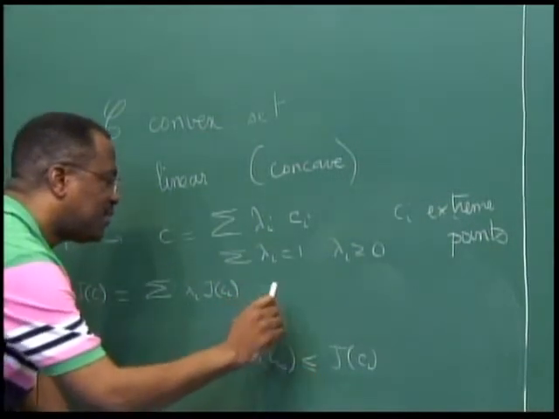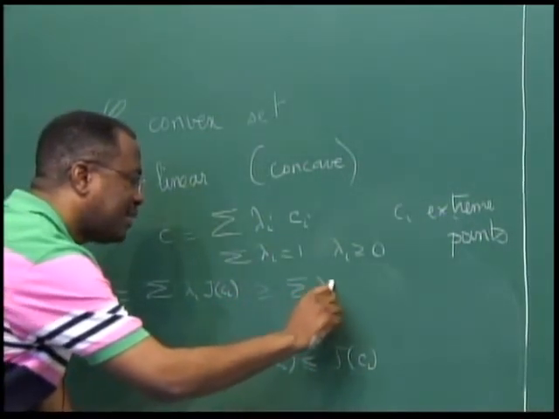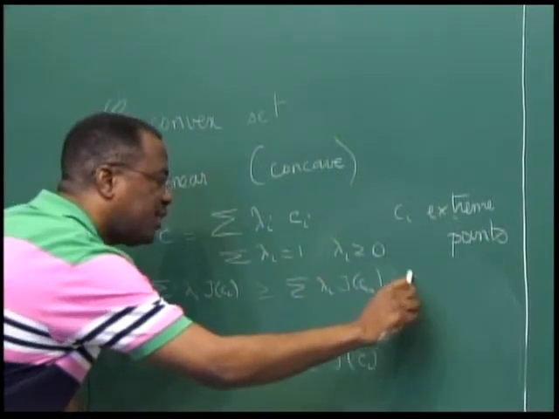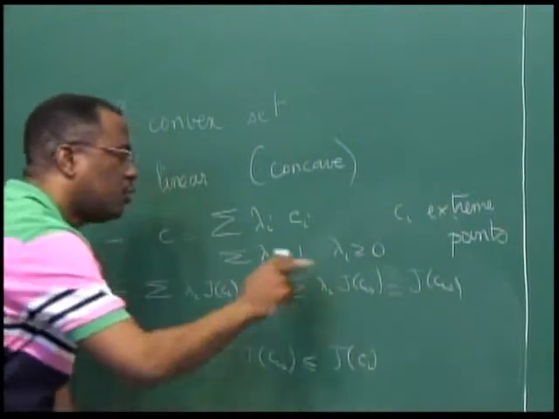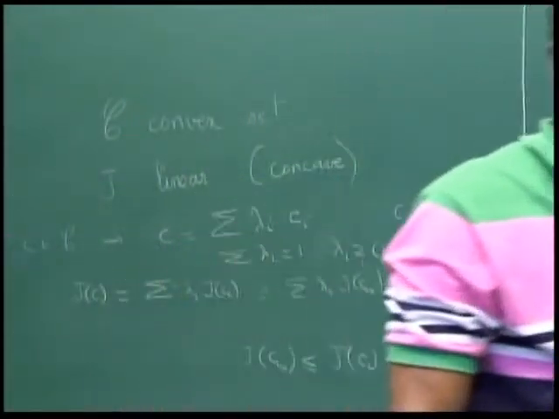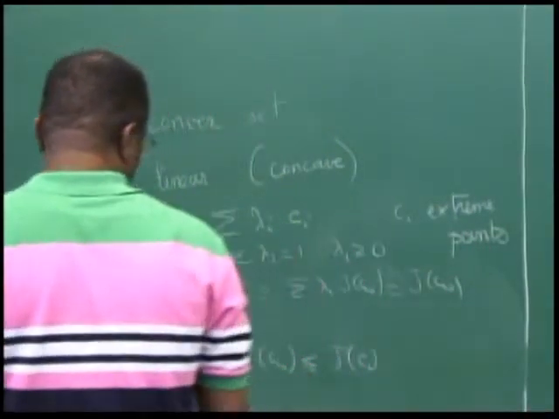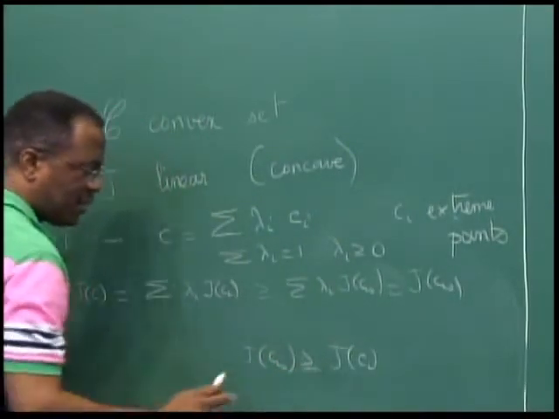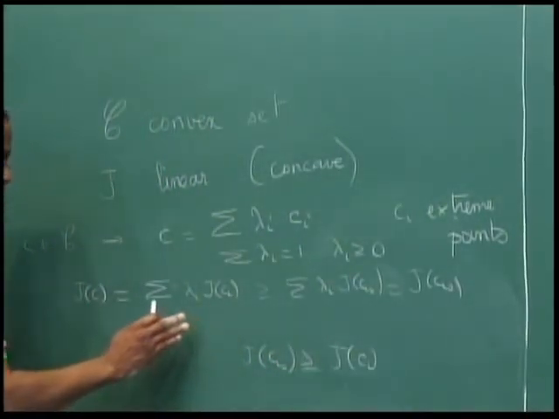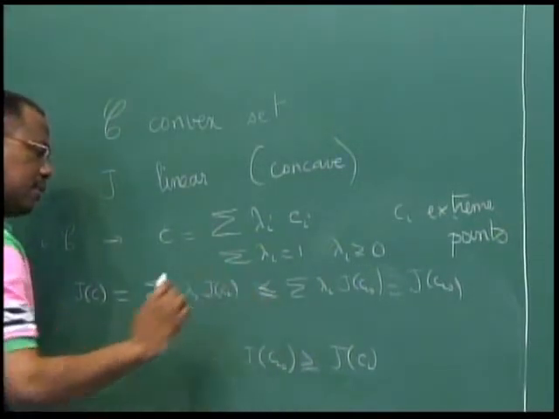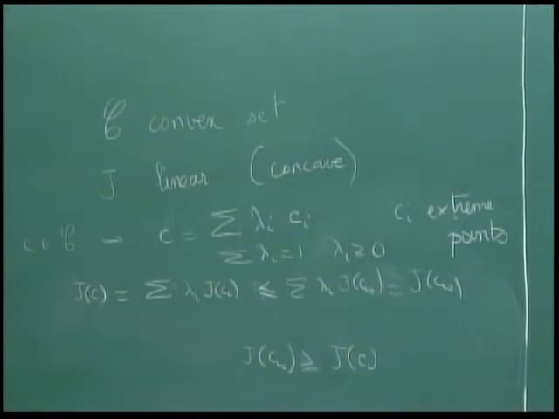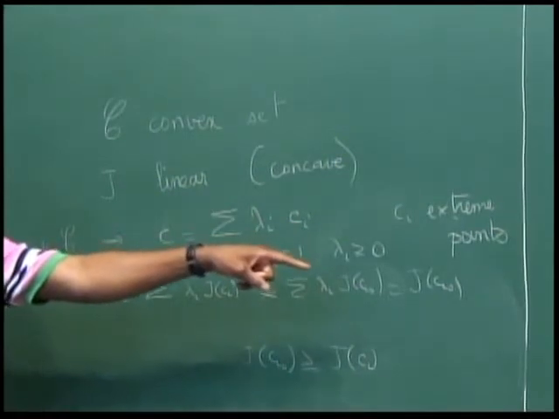Then you see that this is greater than or equal to the sum of lambda_i J of c_i0, which is J of c_i0, because the sum of the lambda_i is 1. And so anytime you give me a maximizer, I know that one extreme point is a maximizer.